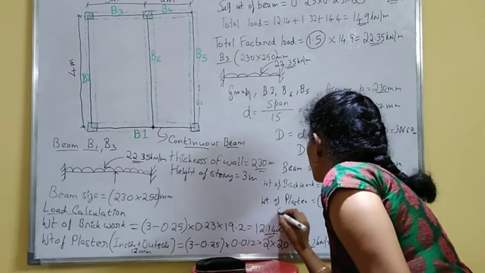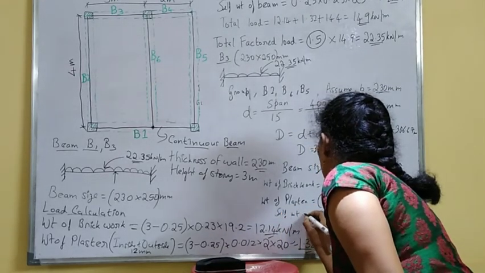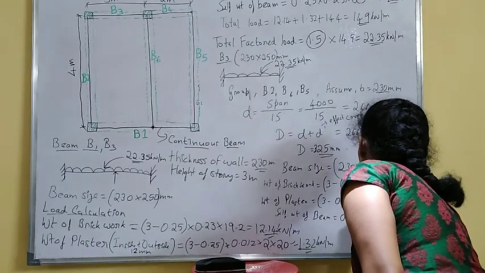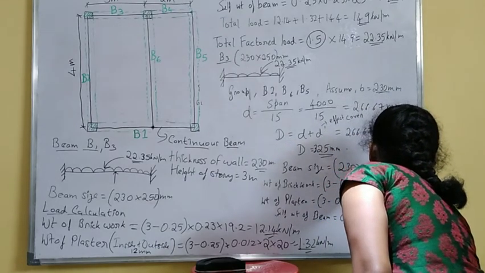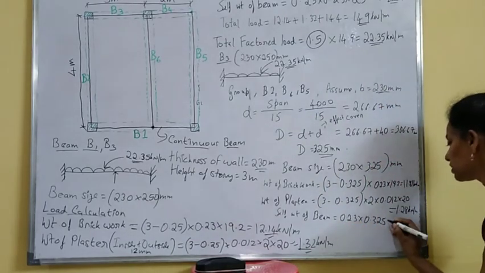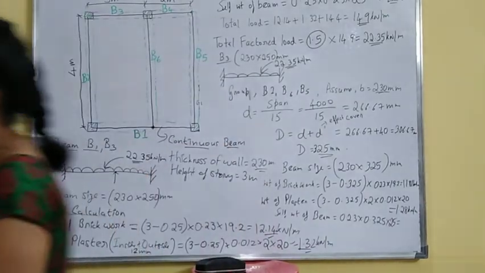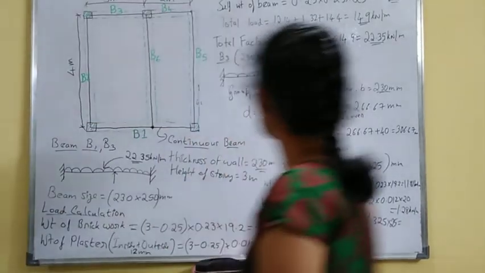Next, self weight of beam: 0.23 into 0.325 into 25. So value is 1.87.